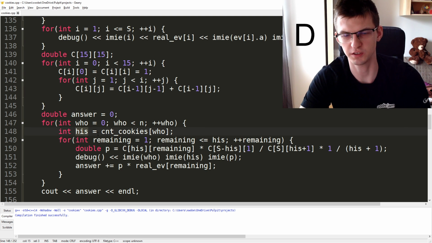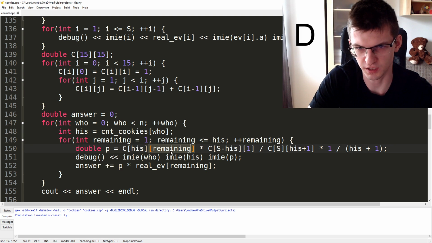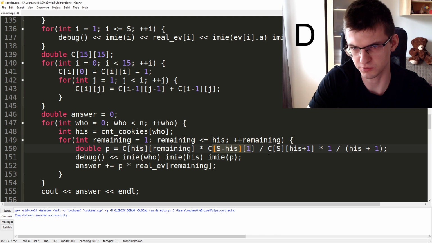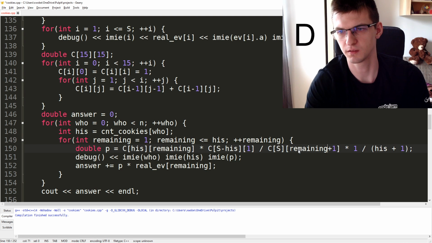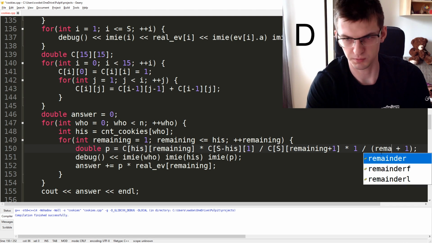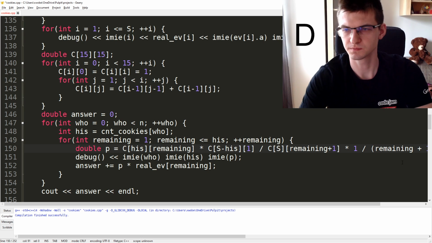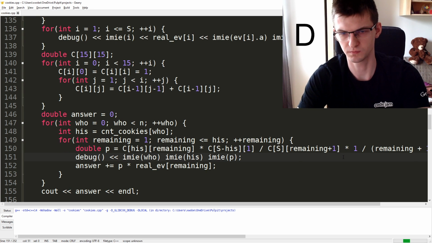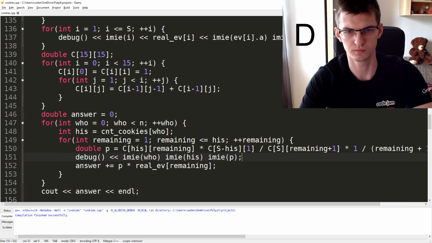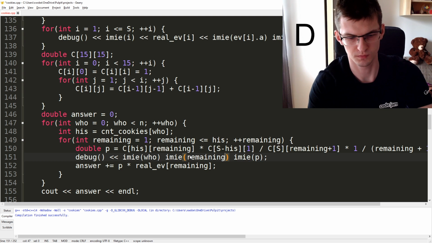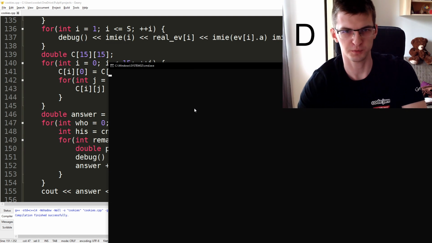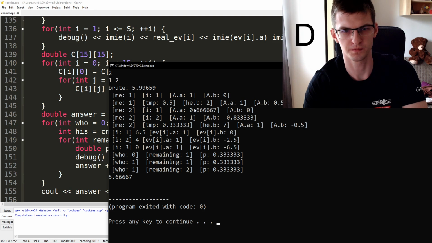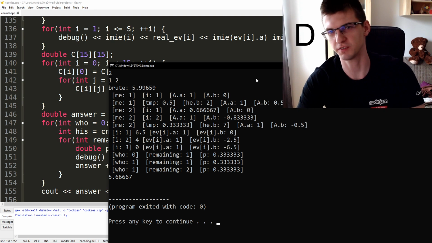This his is initial his. Among these choose that many. Among remaining choose 1. Total choose remaining plus 1 and divided by this. Now it will be 5.8. You'll see 5.8. No, it's something like that.